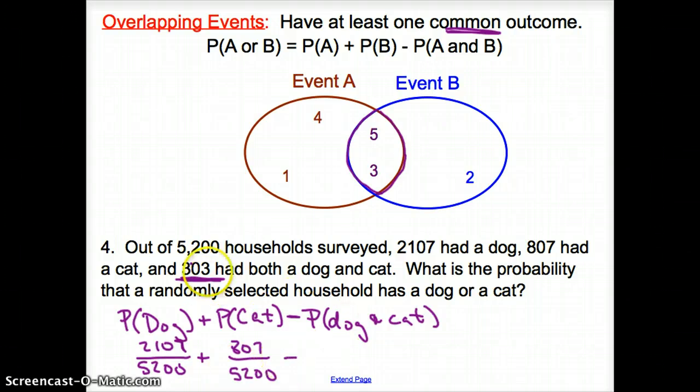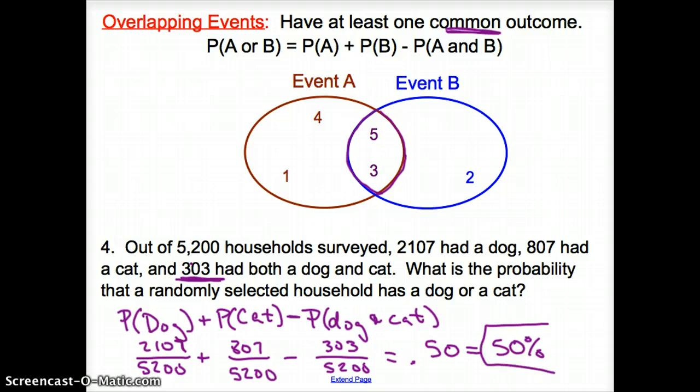Minus now, how many own a cat and a dog? We have 303 out of 5,200. So you punch into your calculator, you come up with roughly 0.50, or as a percent, move the decimal to the right to change it to a percent, so it's 50% for our answer.